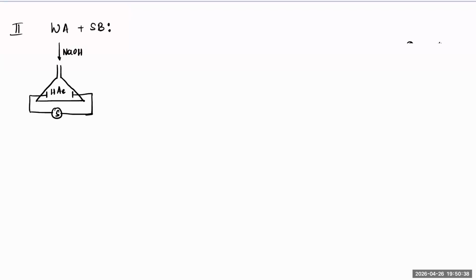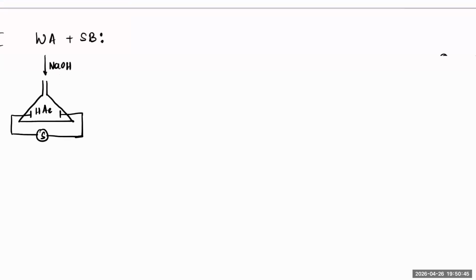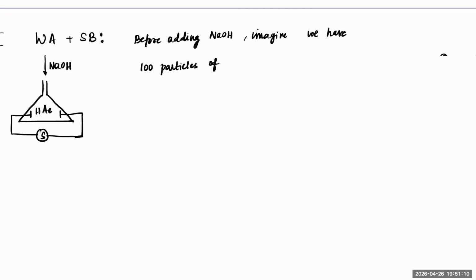Now how does this proceed? See, this is very interesting. You can learn it through the number of ions, so please check it out. Initially, before adding NaOH, imagine we have 100 particles of acetic acid.